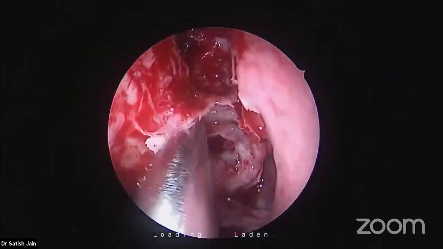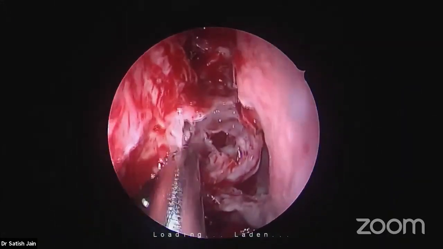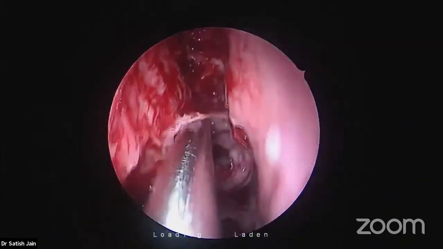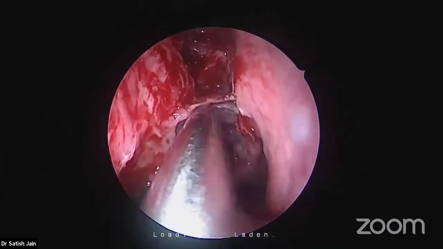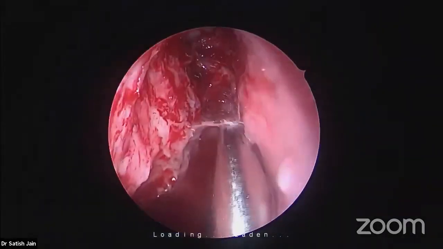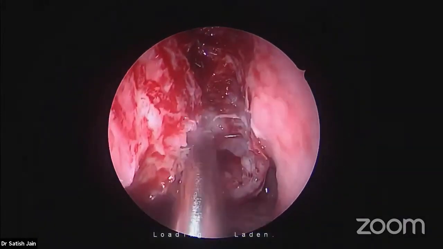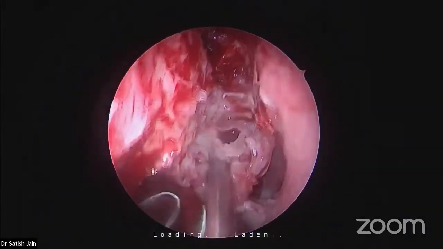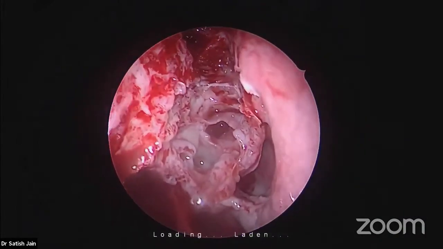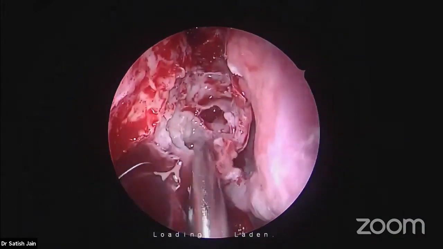What about Onodi cells here? Whether an Onodi cell is there or not, if during this step I don't cross the sphenoid ostium, I will not damage anything. Simple. See this simplified now? Everything I am removing, see, is like a box.